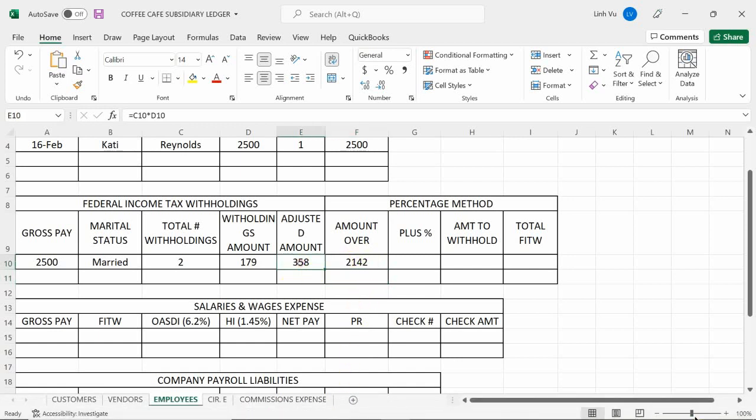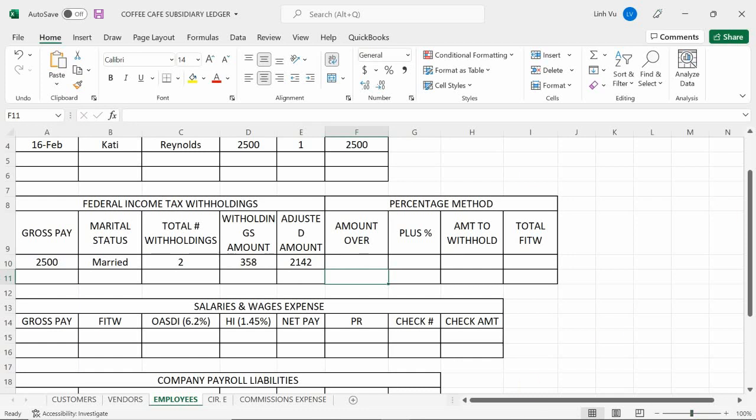I think the adjusted amount is supposed to be here. So that's the amount that she is subject to be taxed.